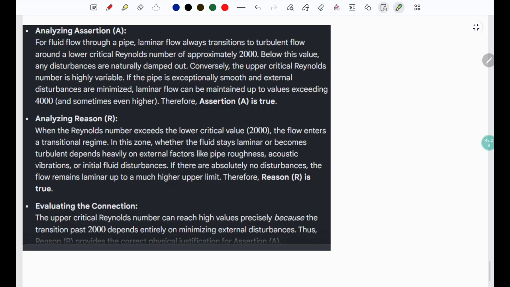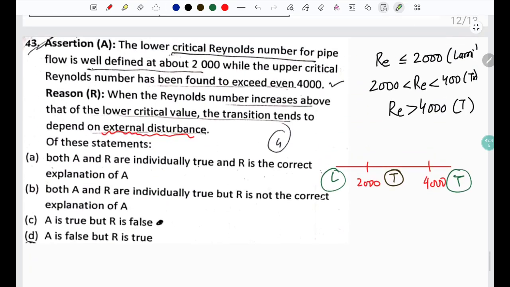Now, is there any relation between the assertion and reasoning? The upper critical Reynolds number can reach high values precisely because the transition past 2000 depends entirely on minimizing external disturbances. Thus, reason provides the correct physical justification.